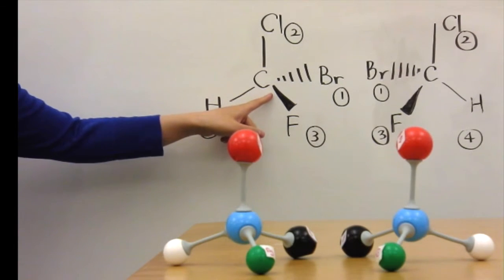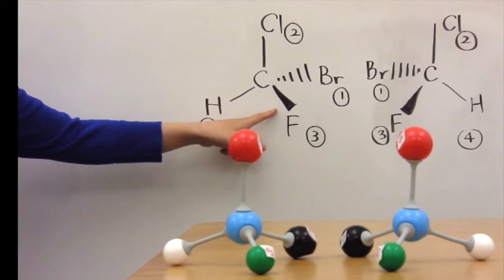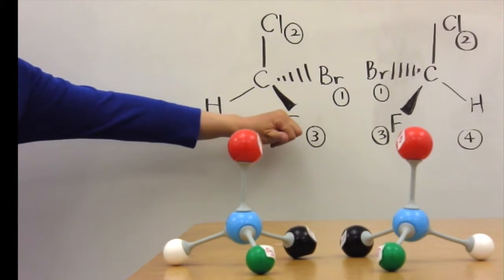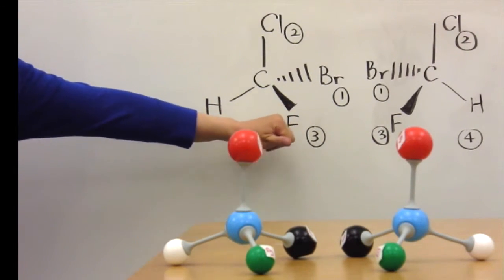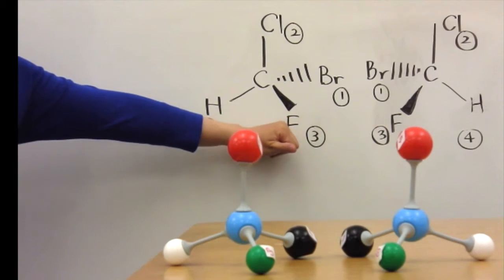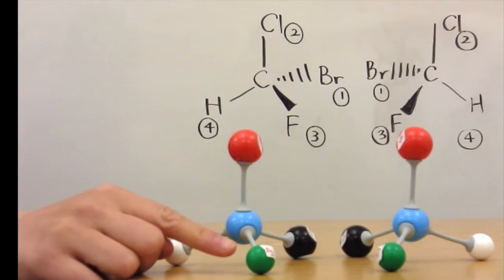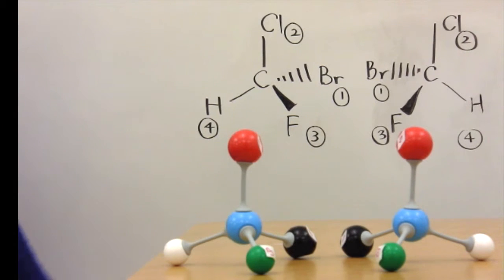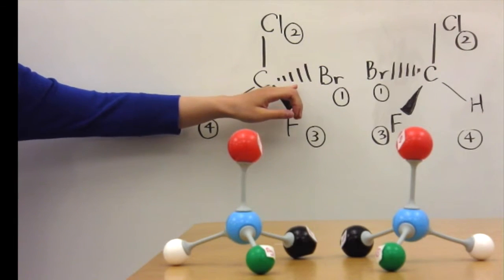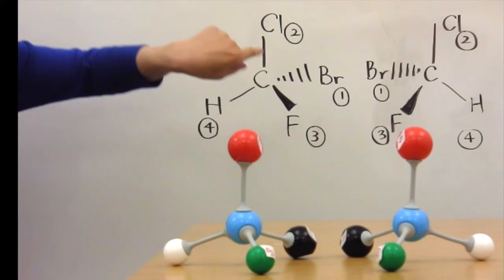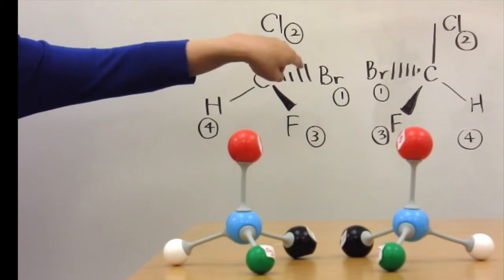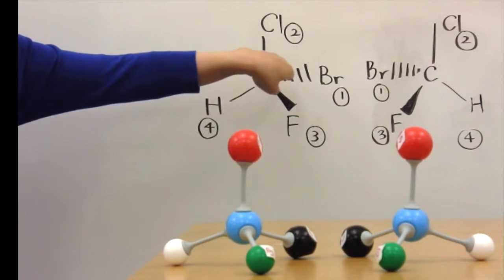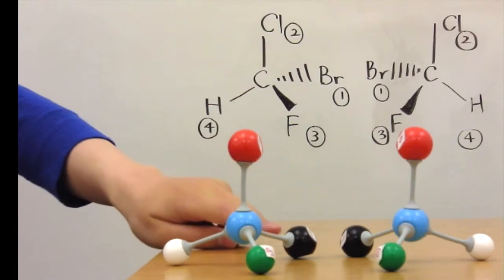This black solid wedge means that this functional group is pointing toward us, just like this one. This dash means that this functional group is pointing away from us, and inside the board, just like this one.